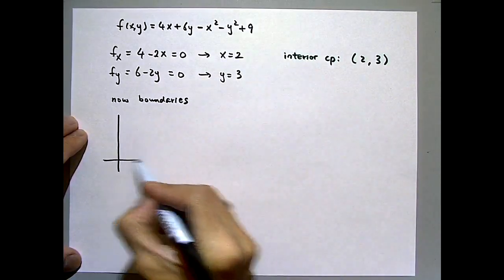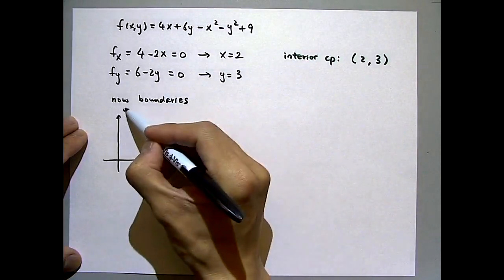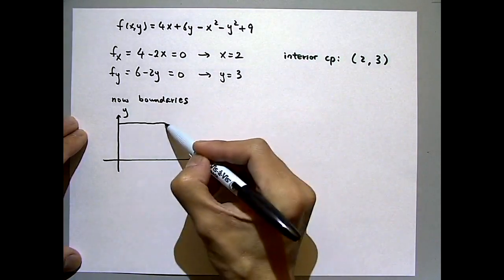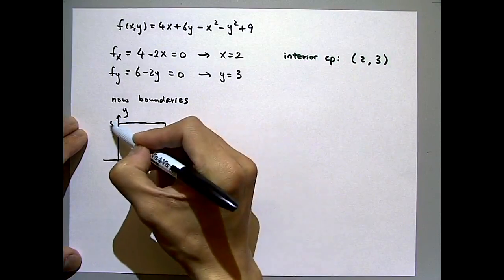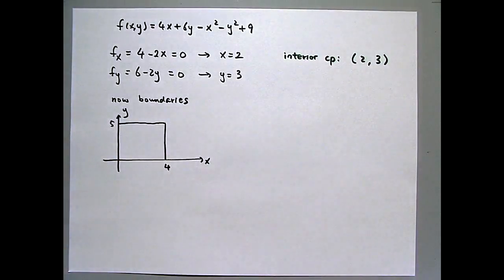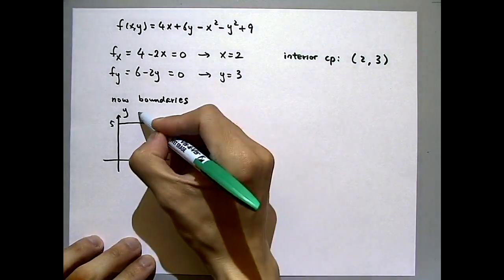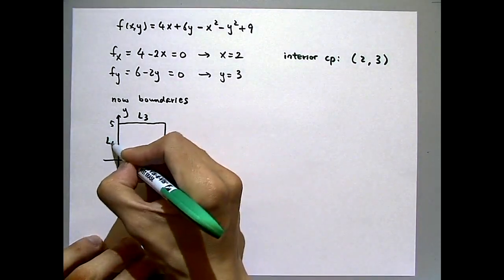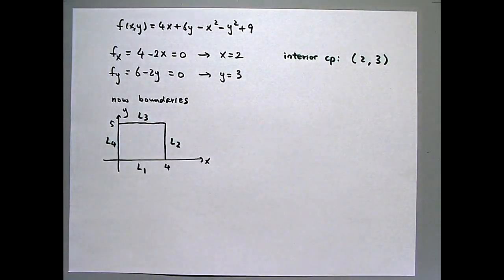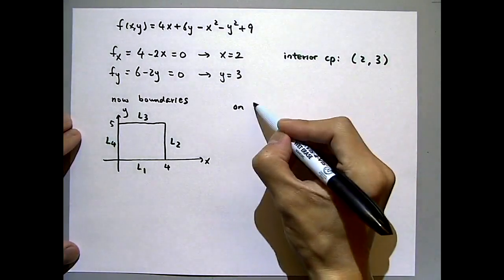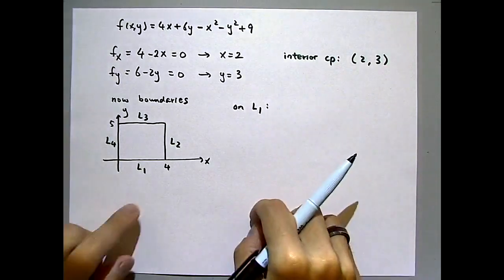Now we're going to check the boundaries. I'm going to label these 4 lines on the boundary as L1 down here, L2, L3, and L4. And we have to examine each of these. Let's look at L1 here.